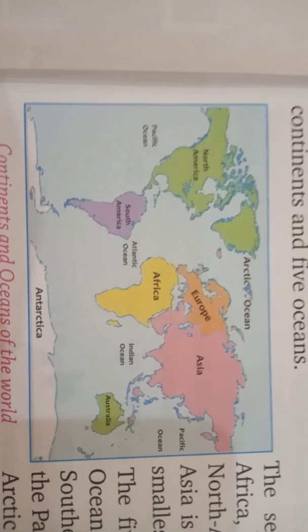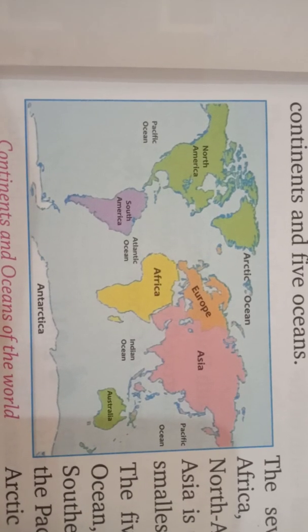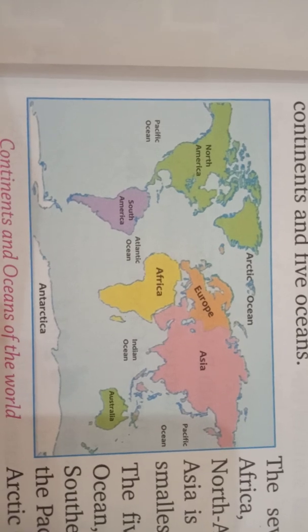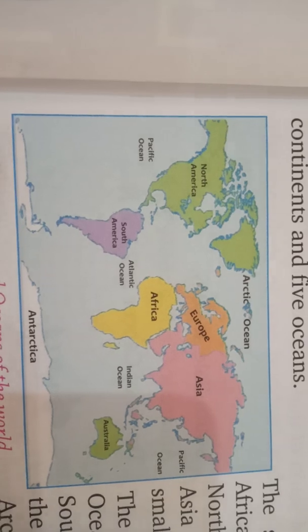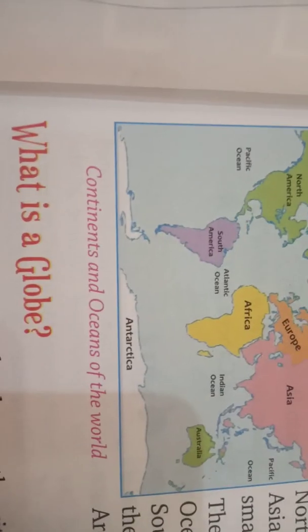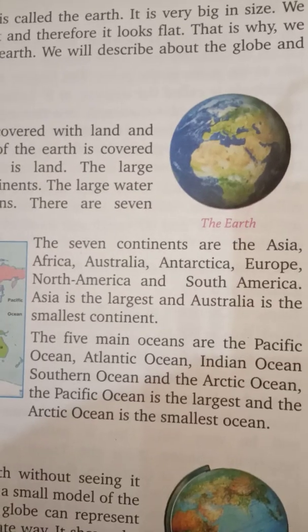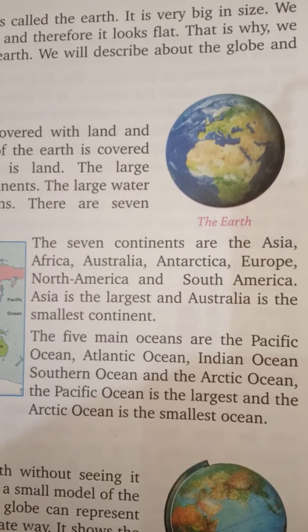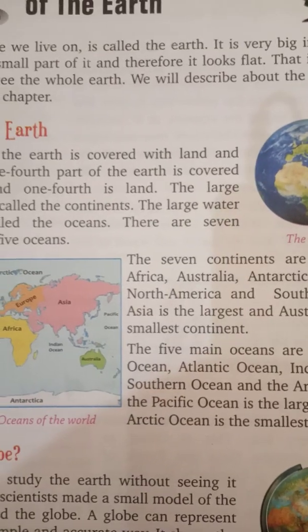The 5 main oceans are Pacific Ocean, Atlantic Ocean, Arctic Ocean, Indian Ocean, and Southern Ocean. The Pacific Ocean is the largest and the Arctic Ocean is the smallest one.